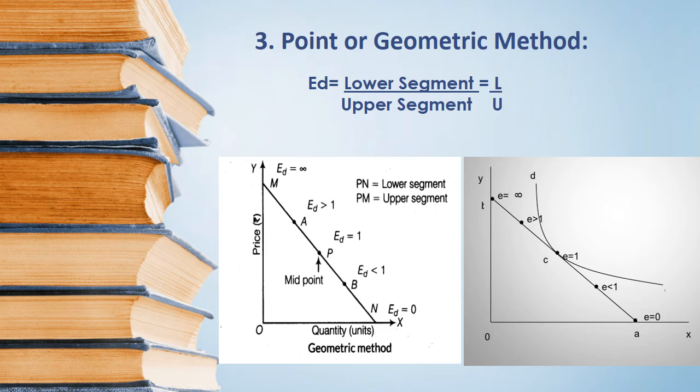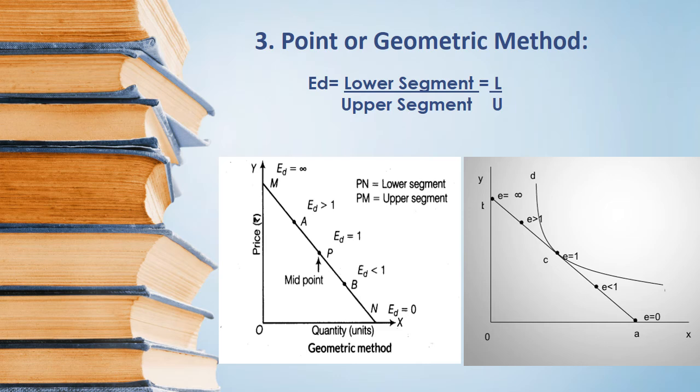Or if you get a number say 0.4, then it is relatively inelastic. And if you get the ratio's answer as 1, then it is unitary elastic. Or it could be relatively elastic demand, that is ED is greater than 1. Or it could be ED is equal to infinite, that is perfectly elastic demand.